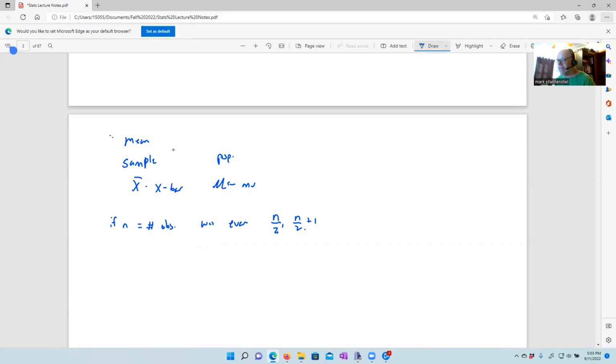Whatever's in that position is what we report. If n is odd, then it's just n plus 1 divided by 2, and again, that tells us the position. Whatever happens to be in that position, we report the value in that position. The answer is not the position. The answer is the value in that position.